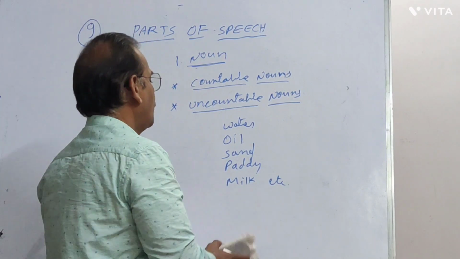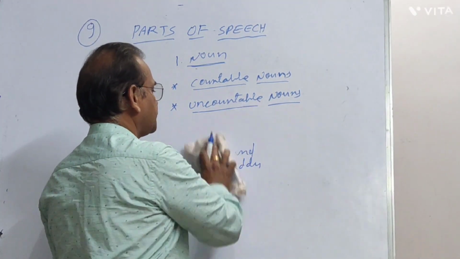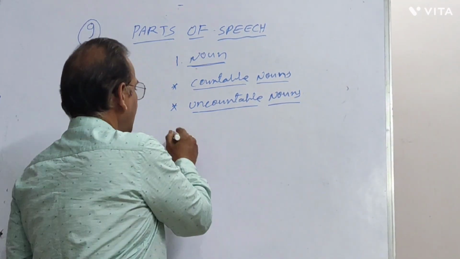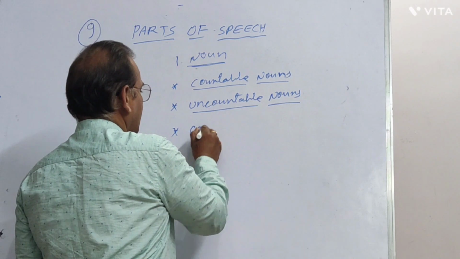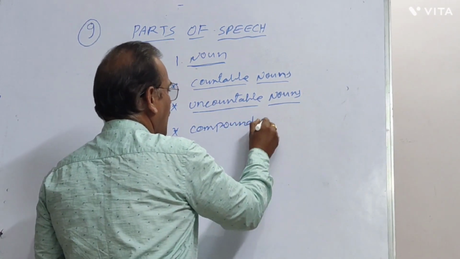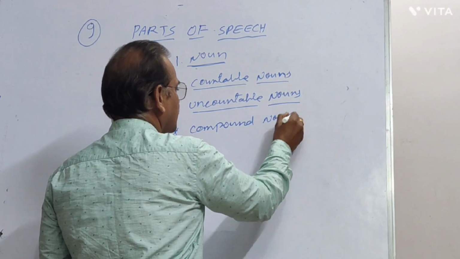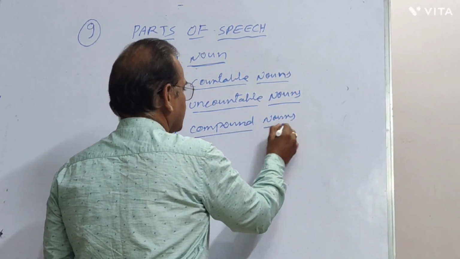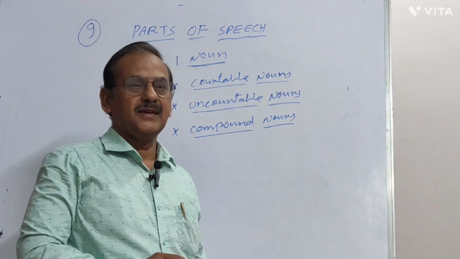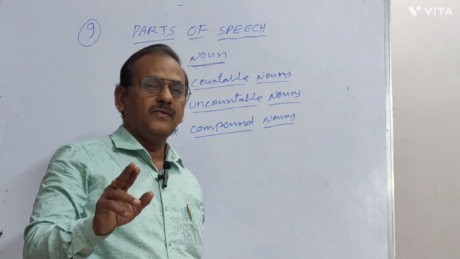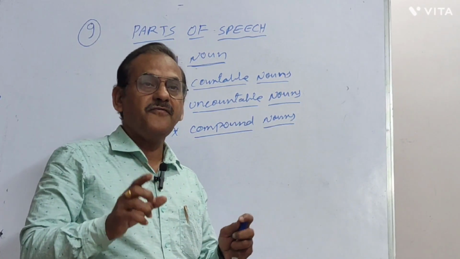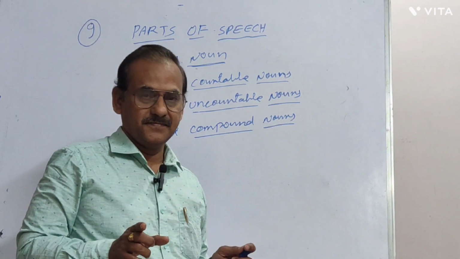Now we go to another one, compound nouns. Let us see. Compound nouns. This compound noun is nothing but the noun which is formed by the combination of two words.